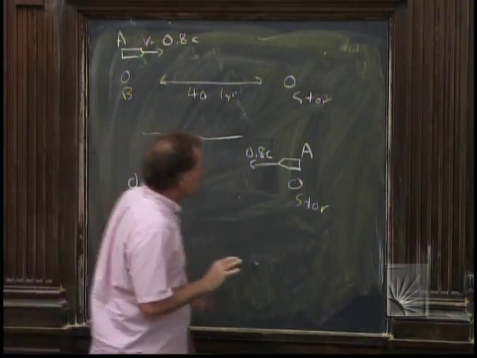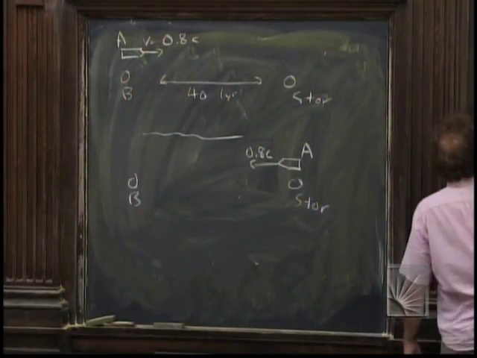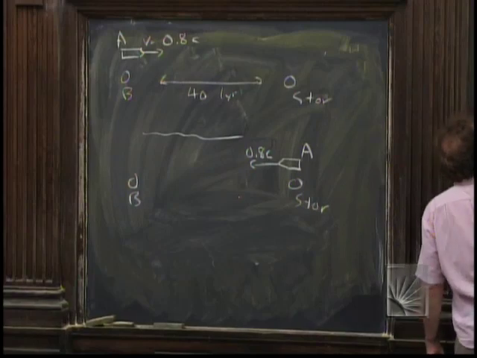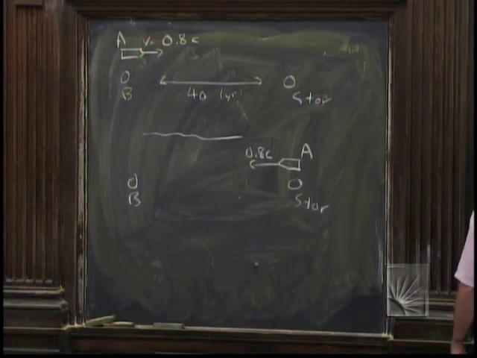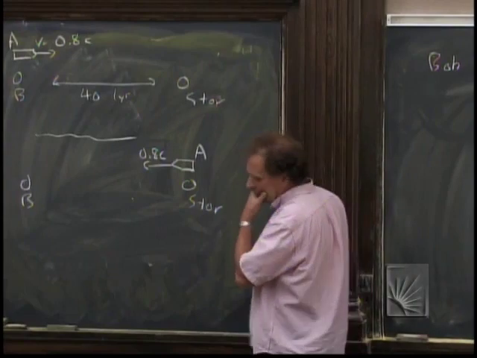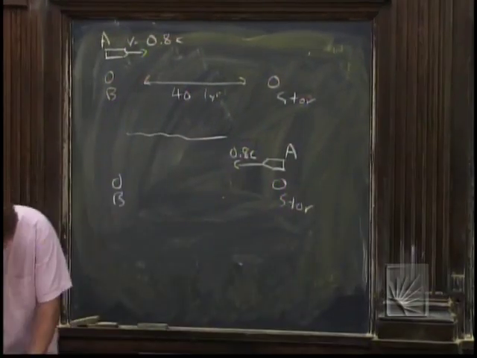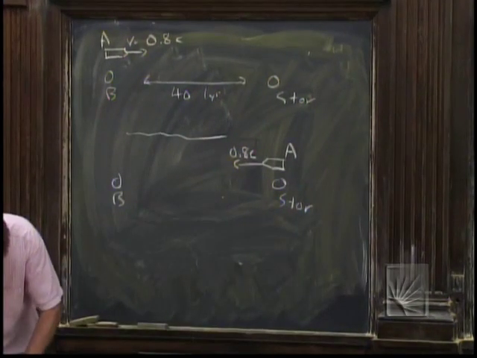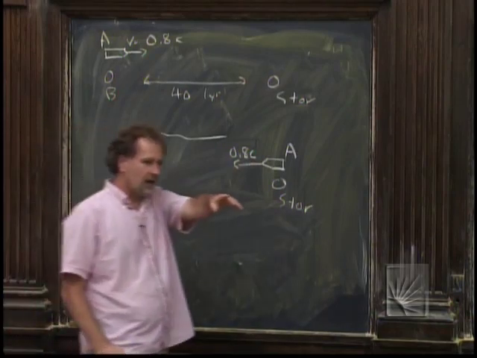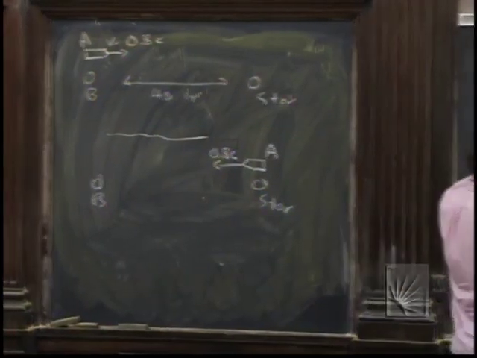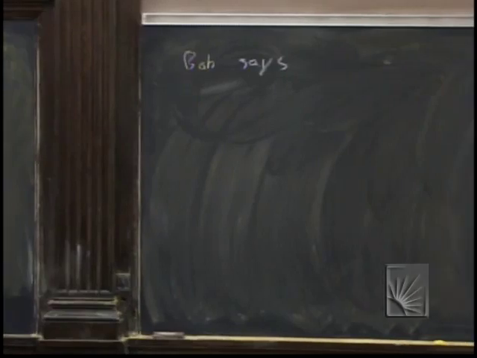But I have to be careful about the way I say things. So what does Bob see? Let me not try to confuse things with that notation. Let me just do it this way.